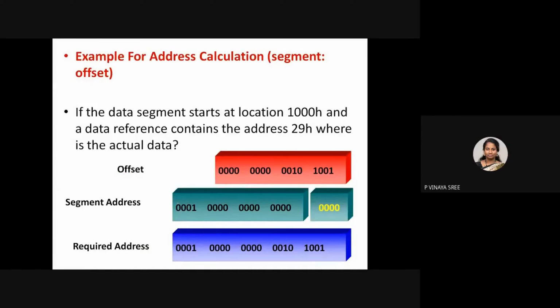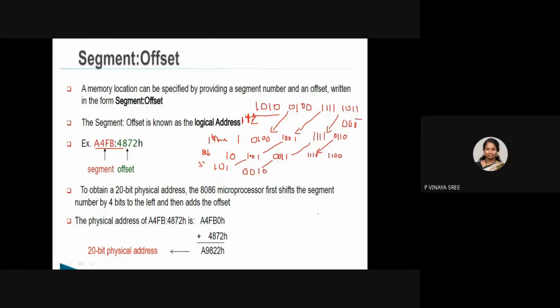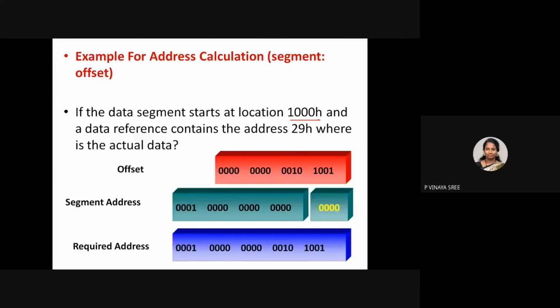After converting, in this example this is your segment 1000. 1 is represented as 0001, and 0 is represented as four zeros. This process is already done, and after completing it you will get 0001 0000.